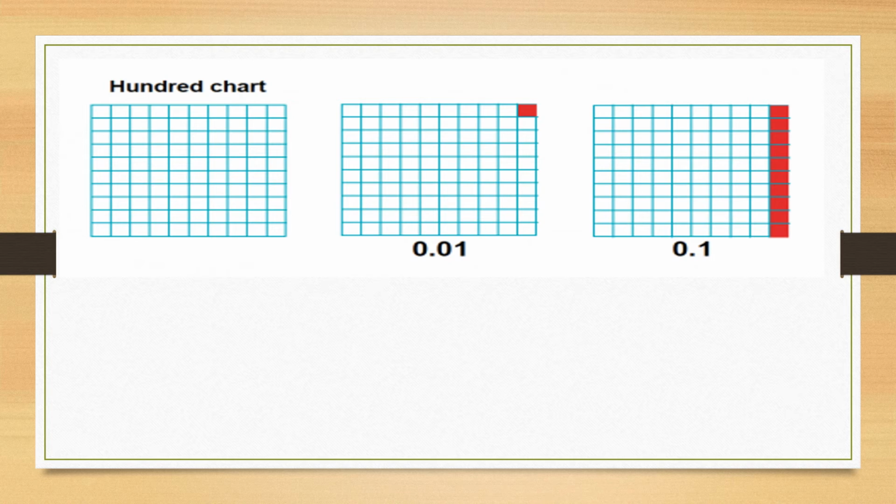Another example is we have here 0.01, or 0.1 and 0.1. Okay, so let's differentiate. What is the difference between this?